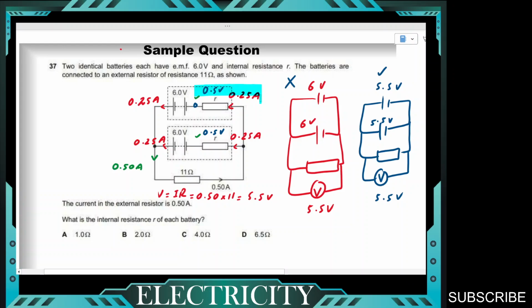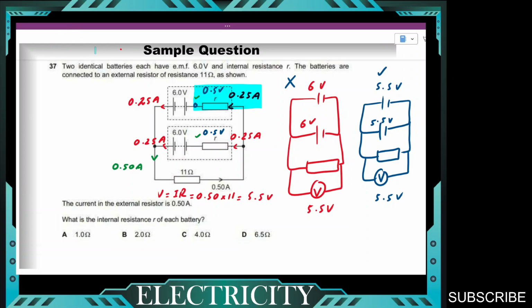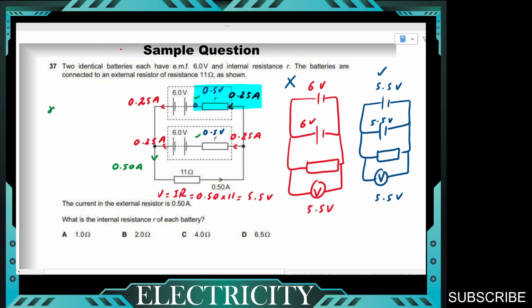If we know the potential difference across the resistor, and if we know the current passing through the resistor, can we find the resistance itself? Ramin? Yes, sir. How do we do? Using the resistance formula, which is R equals V over I. Thank you. Very good. R equals V over I.